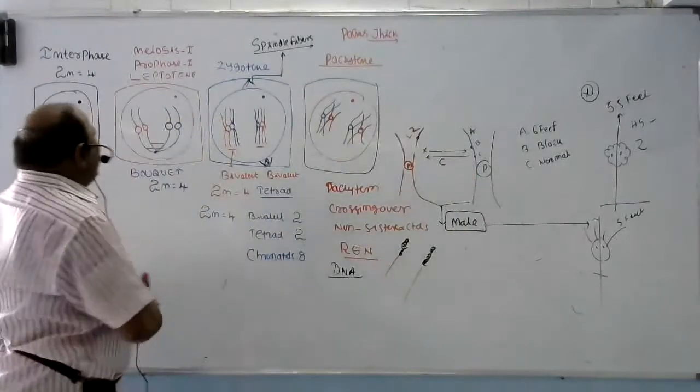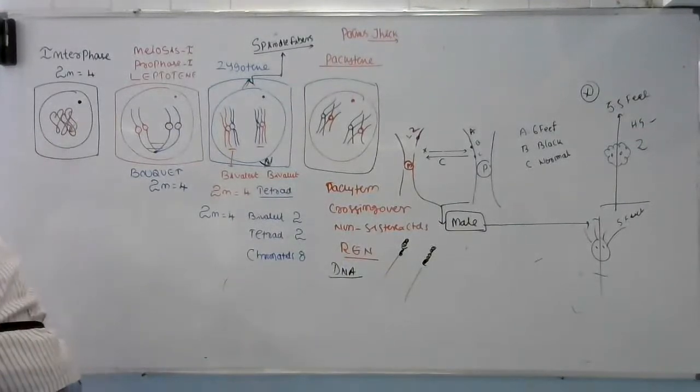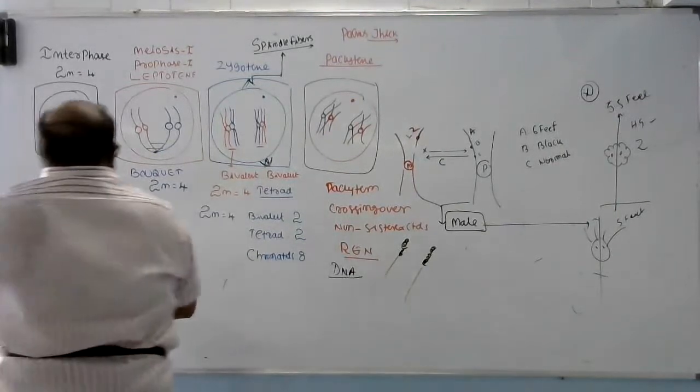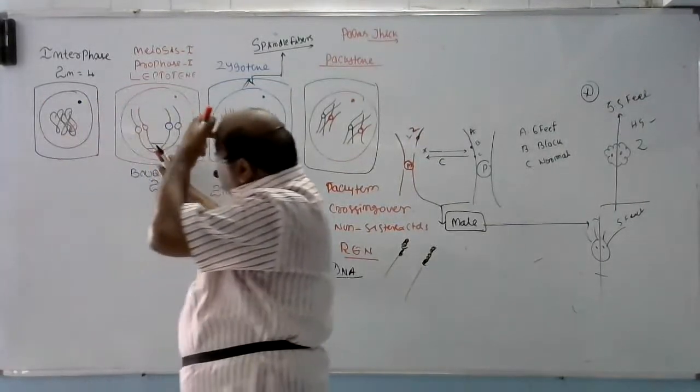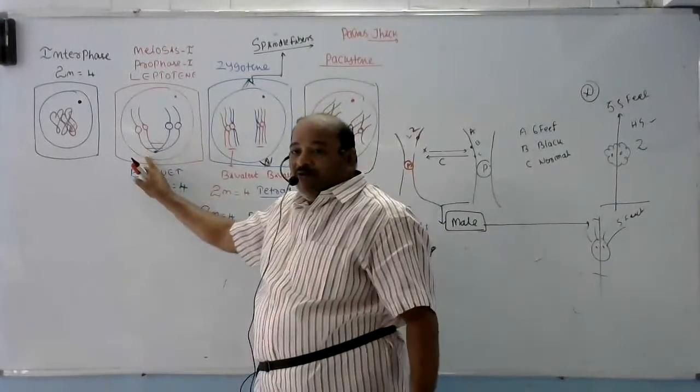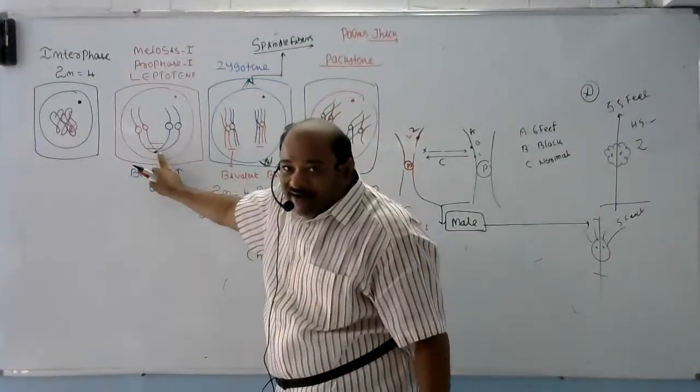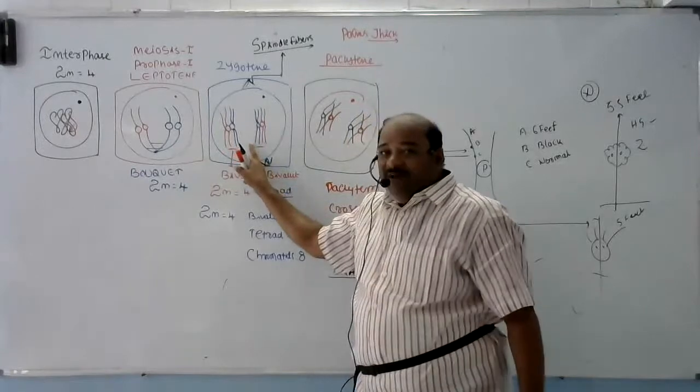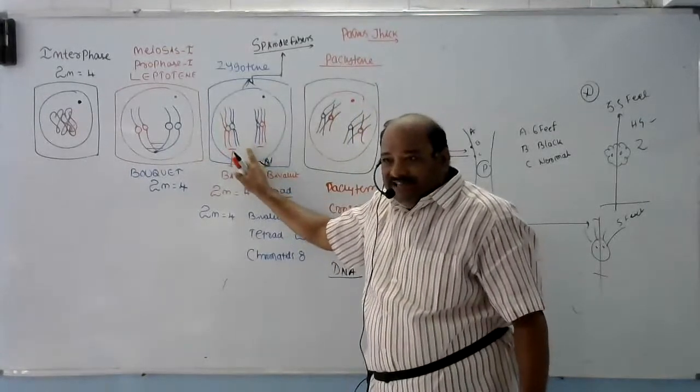So what happened up to this mark? Now after interphase, in the leptotene stage, all homologous paternal and maternal chromosomes are at one point. Later on, the pairing process takes place. That is called synapsis.